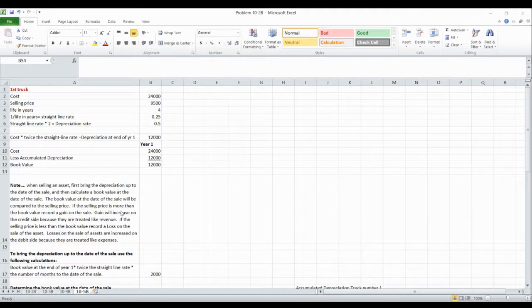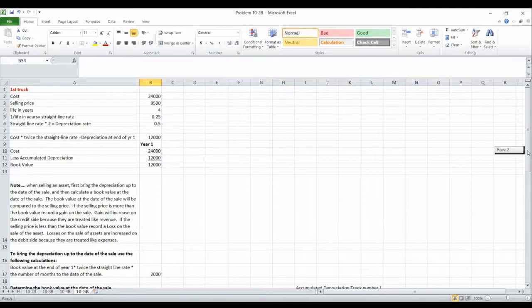If the selling price is more than the book value, we'll record a gain on the sale. Gains will increase on the credit side because they are treated like revenue. If the selling price is less than the book value, we'll record a loss on the sale of the asset. Losses on the sale of assets are increased on the debit side because they are treated like expenses.